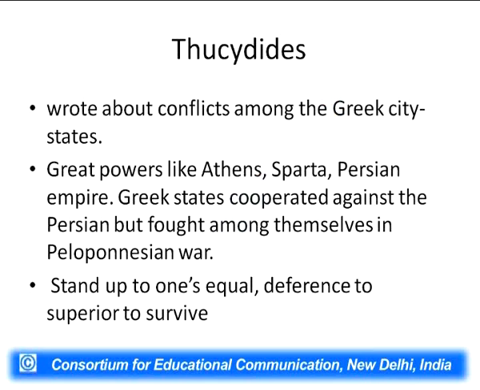He wrote about the Greek city-states and the conflicts which were taking place in them. I'm talking of the 4th, 5th century BC. What he observed was that great powers like Athens and Sparta were the powerful Greek city-states.